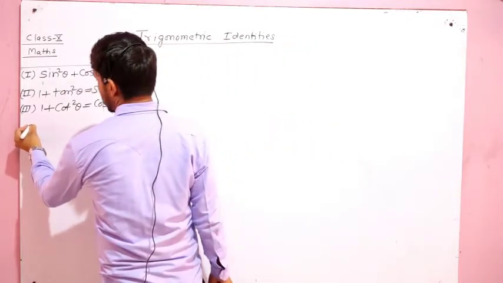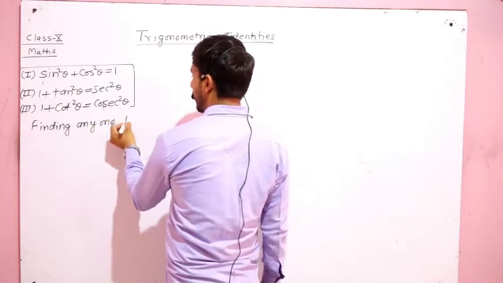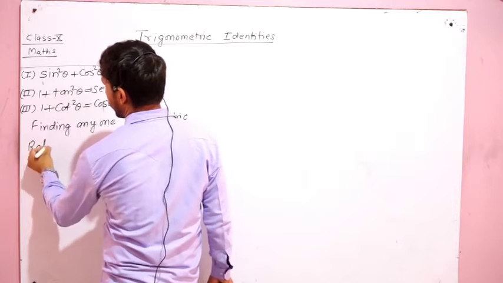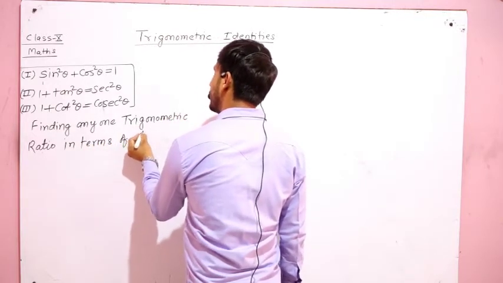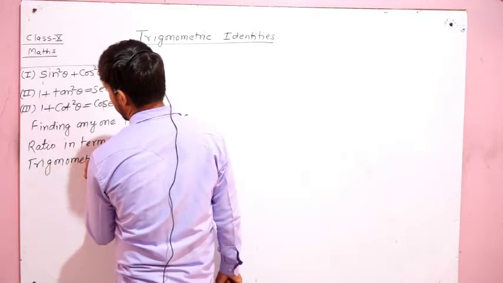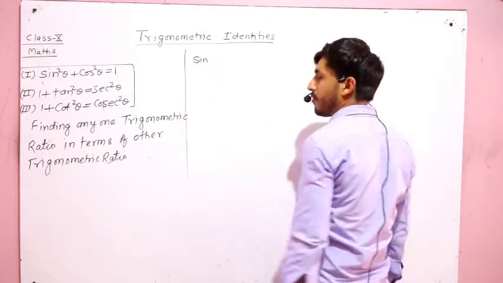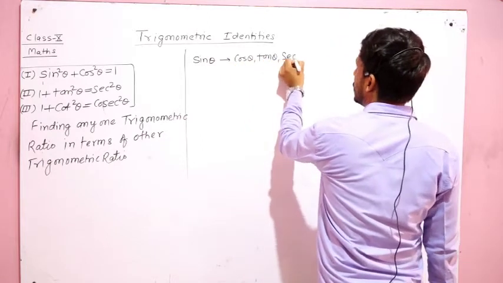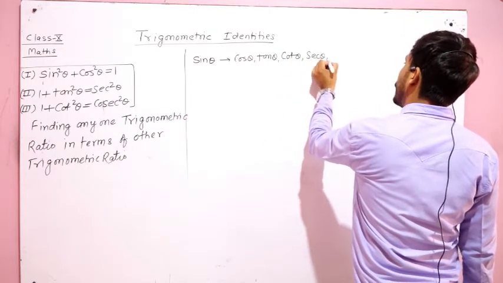Our topic in the last class was finding any one trigonometric ratio in terms of other trigonometric ratios. We found the result of sin theta in terms of cos theta, tan theta, cot theta, sec theta, and cosec theta.